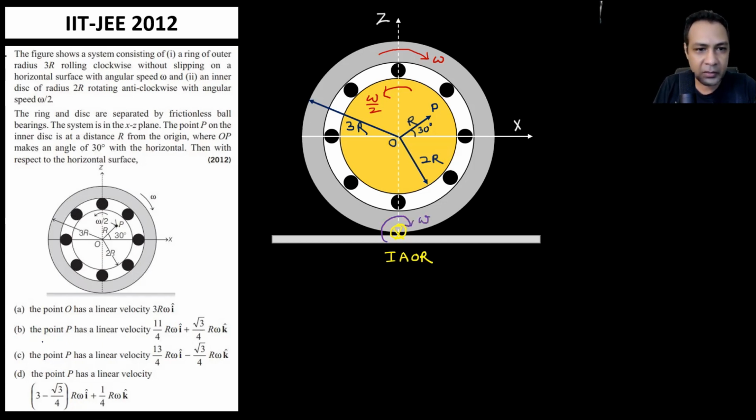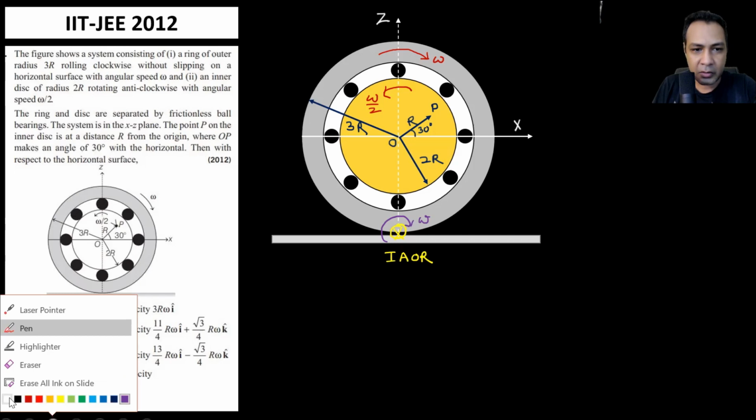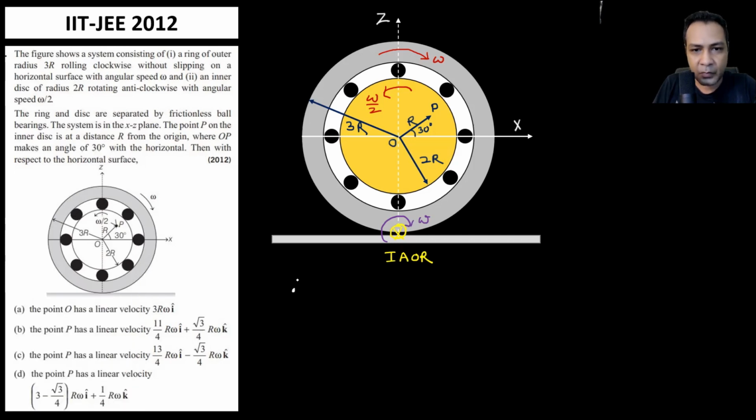In option A, we have to find the linear speed of the point O. So we look at the point O from IAOR, and whenever we look at motion from IAOR, the motion appears to be pure rotational motion. The distance of point O from IAOR is 3r, that is the radius of the outer ring, and it is rotating with angular velocity omega.